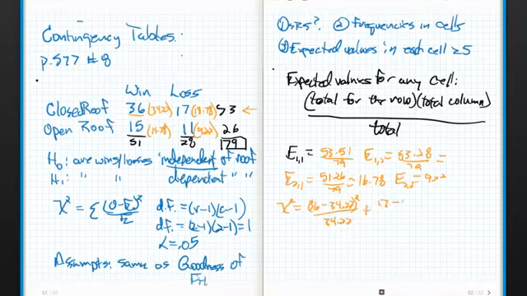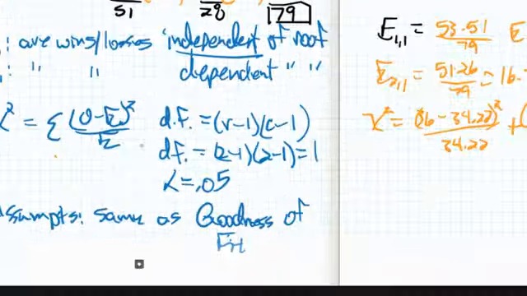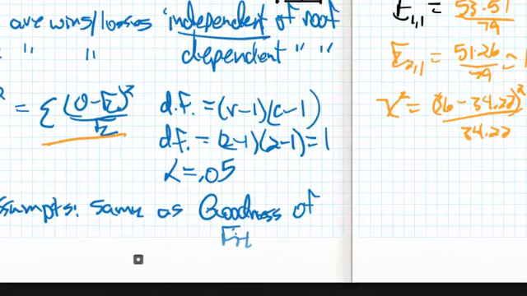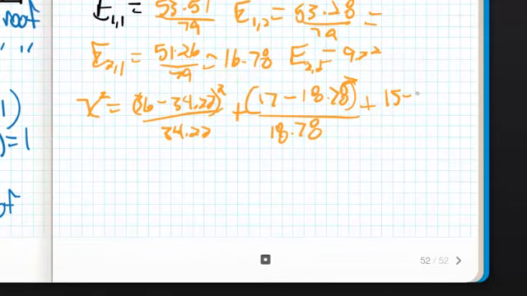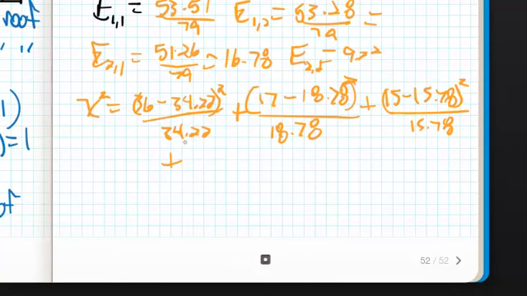Plus 17 minus 18.78 squared divided by 18.78, plus, because remember it's just the sum, and then I'm going to go 15 minus 15.78 squared divided by 15.78, and then last but not least, because there's only 4 cells, I got 11 minus 9.22 squared divided by 9.22.